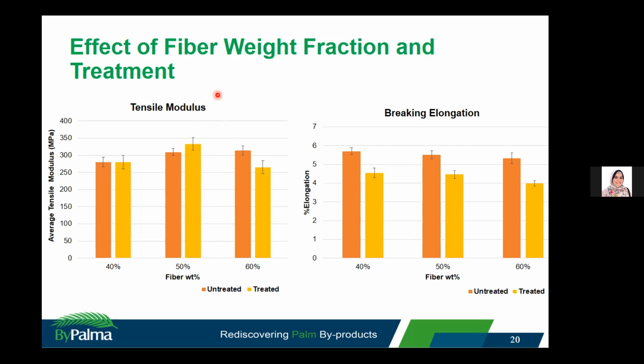As for the tensile strength results, again, the effect of the treatment here is not significant for the tensile modulus. And as I have mentioned, this may be because of the fiber degradation. For the breaking elongation, even changing the fiber weight fraction did not have a significant effect on the failure strain. And the same was for the untreated samples.